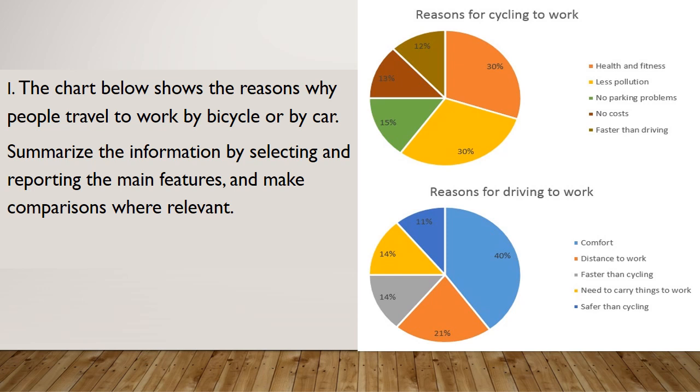And 14% need to carry things to work. That's why they prefer cars. And 11% think it is safer than cycling. Now we have read this data and now let us see how to write the answer.